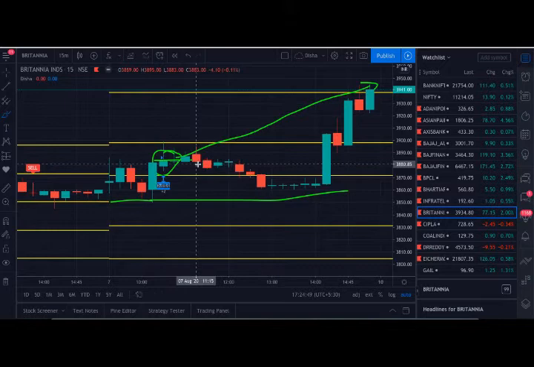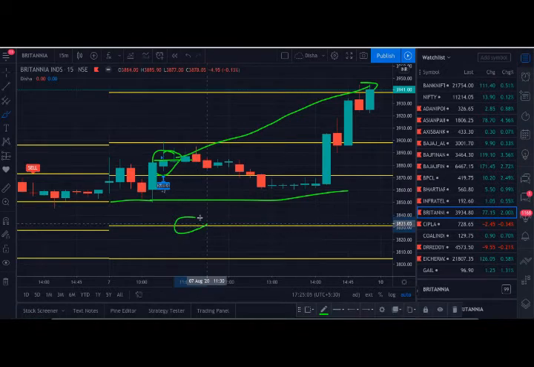In this case, first you can take limited quantity here for the target of this one, but the stop loss is this. But that might sound much greater risk for the reward we are expecting.